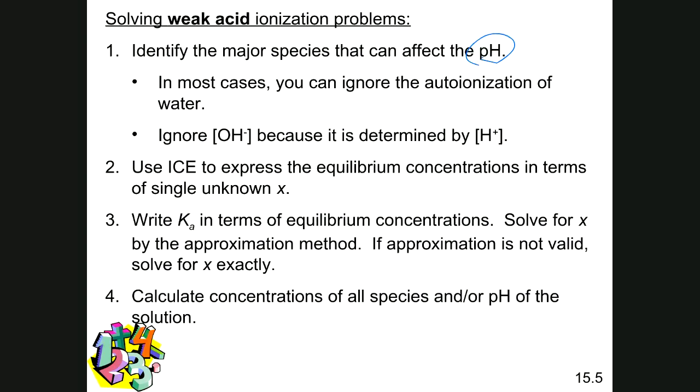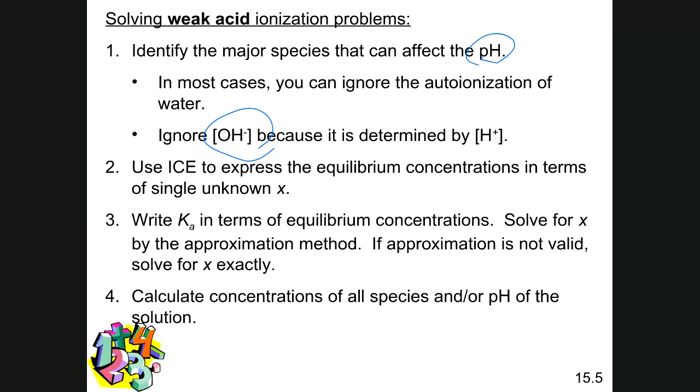And also OH is going to be much smaller than 10 to negative 7 in acidic solution. Because it's an acidic solution, the concentration of H plus is going to be greater than 10 to negative 7. So the concentration for hydroxide ion is going to be less than 10 to negative 7. So it's a small number, you can ignore that also.